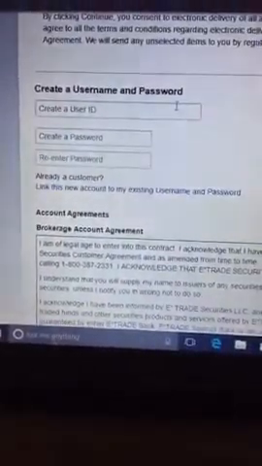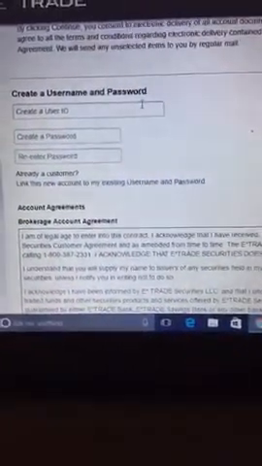And then it wants me to set up a username and password to be able to go into the account and view it and trade. So that's going to be the last part you probably have to do when you're opening an account.